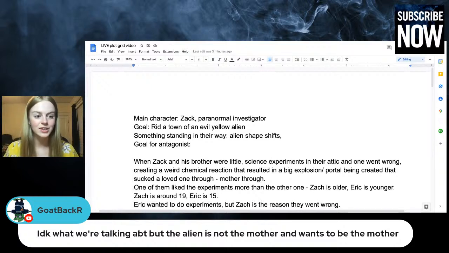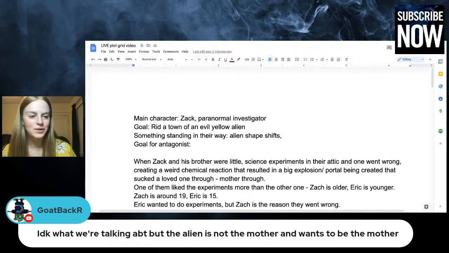Years later, the brothers don't talk, so they both blame each other for their mother's death. Then all of a sudden, this alien starts entering their town and possessing people. We're right now trying to figure out what the goal of the mother is. Maybe if it's to repair the relationship between the brothers, that's a potential goal, but that's what we're talking about now.